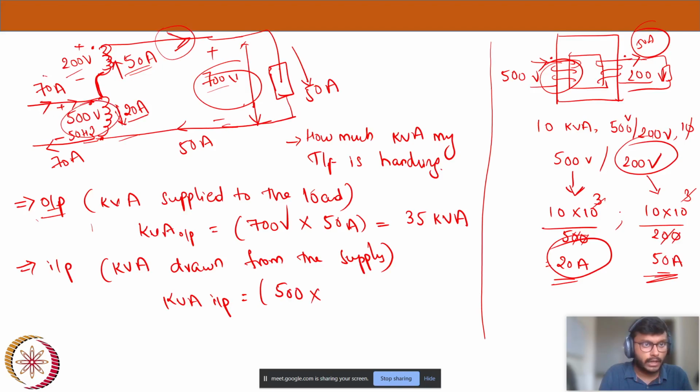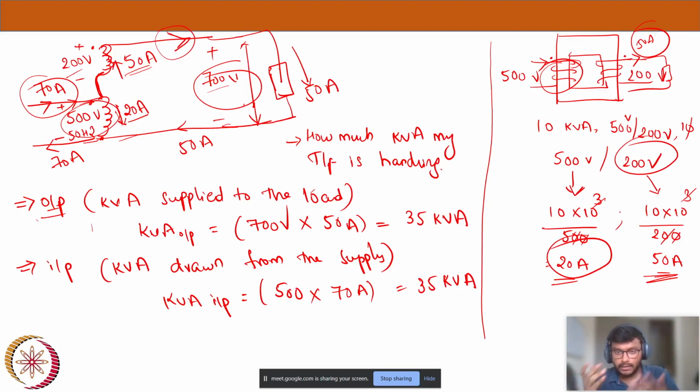This is the input, and this is the current, into 70 amps. Since this auto transformer is ideal, we can see the output kVA and input kVA are matching, 35 kVA. So that's how it should be, right? Whatever kVA I am supplying from the source, the same kVA should be delivered to the load.